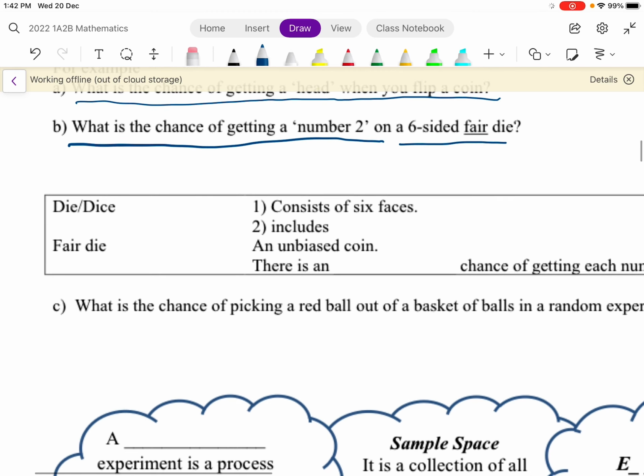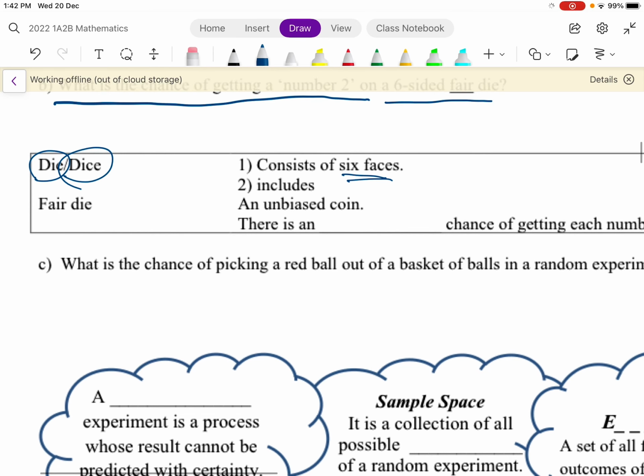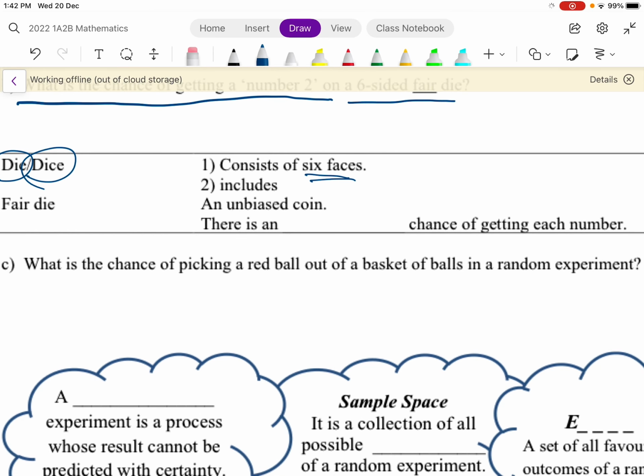Okay, so some common items that we'll be using will be one die, or more than one will be dice. Note that a die consists of 6 faces because it is a cube, and whether it is fair or not. Fair means it is unbiased. We also talk about coins.